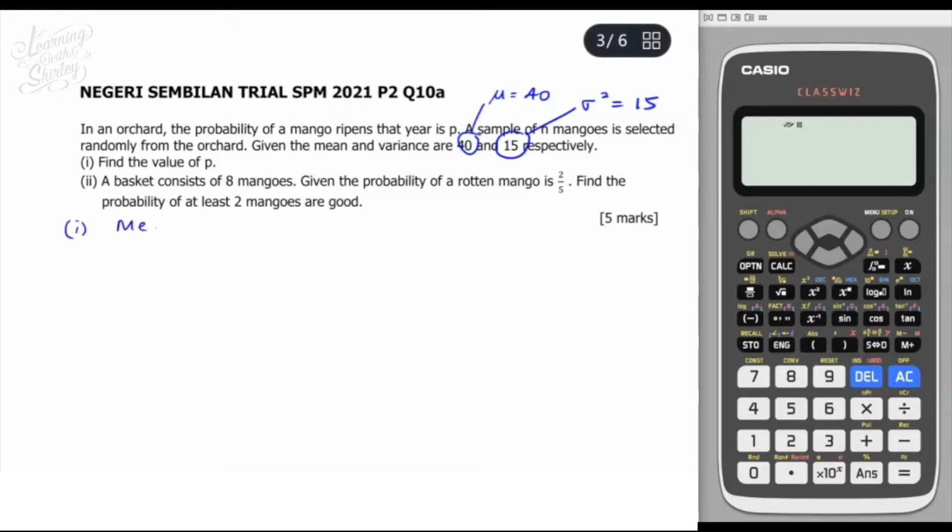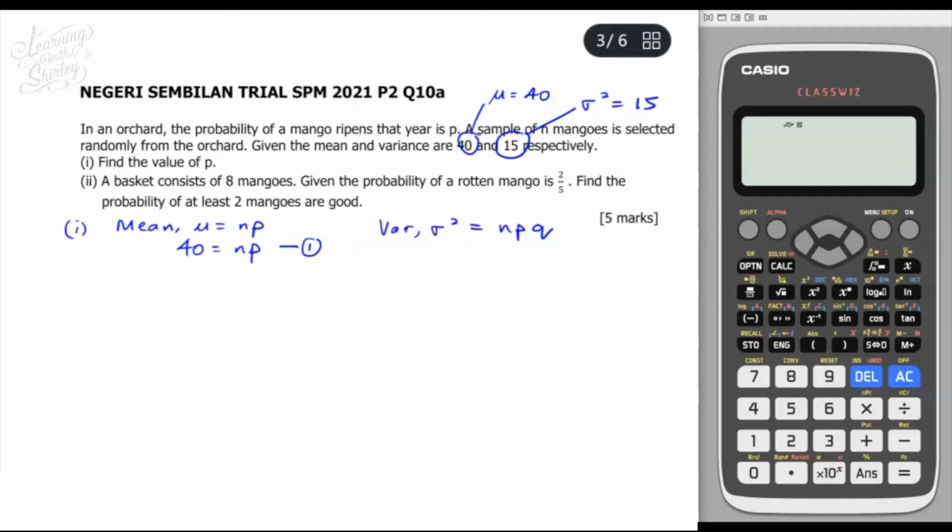So they give us mean, which is equal to 40. So our mean is actually np, according to the formula. So 40 is equal to np. So this is equation 1. And then they say that the variance is 15. So variance is equal to npq.